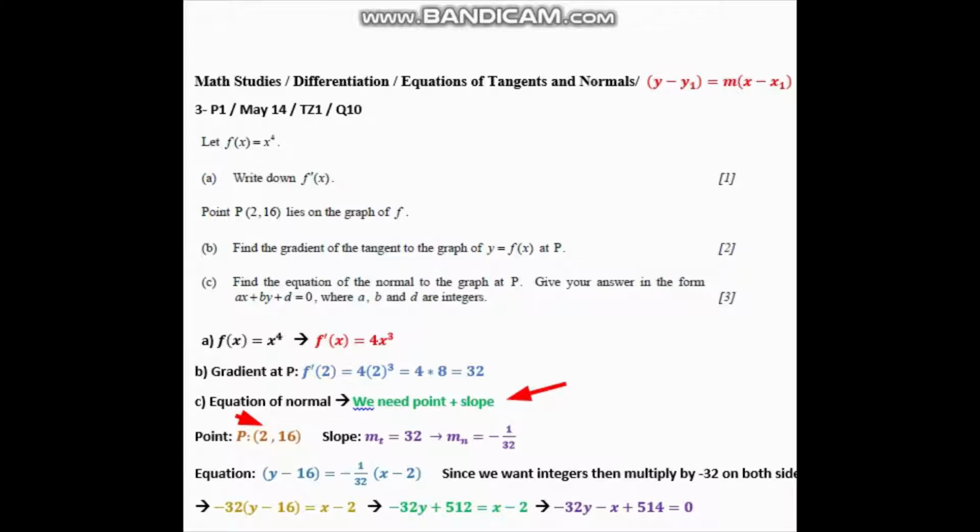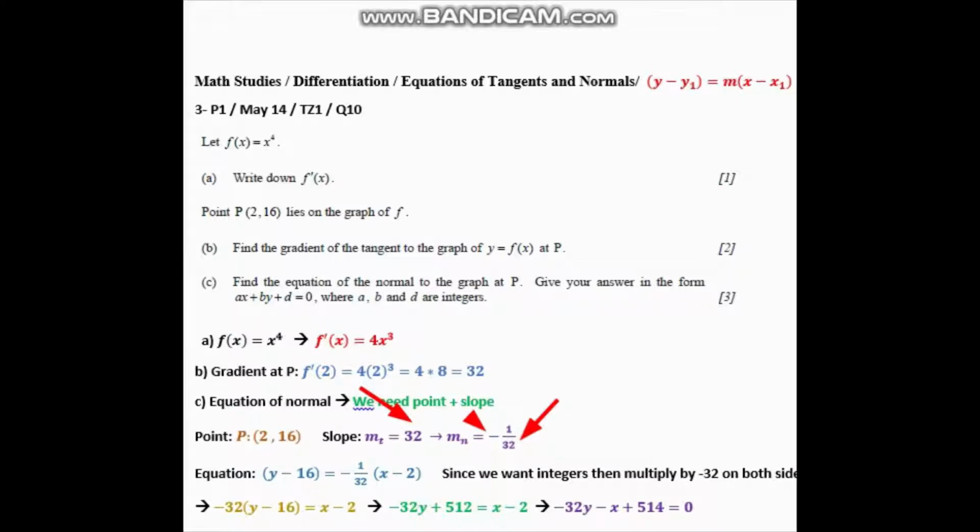Or in other words, the sign has to be switched, and if the number is in the numerator, it goes to the denominator. If it's in the denominator, it goes to the numerator. So here in this case, the slope of the tangent is 32. Hence, the slope of the normal shall be negative, because the slope of the tangent was positive, and the slope of the normal shall be 1 over 32, because the slope of the tangent was 32.